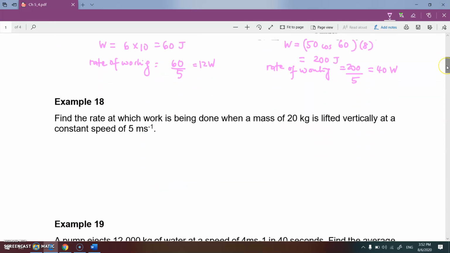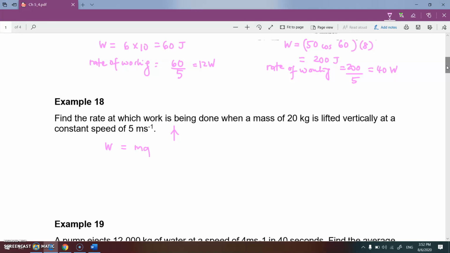Okay, example 18. Find the rate at which work is being done when a mass of 20 kg is lifted vertically at a constant speed of 5 meters per second. We know the work done, because it is moved vertically and lifted up, there is an increase in the potential energy.